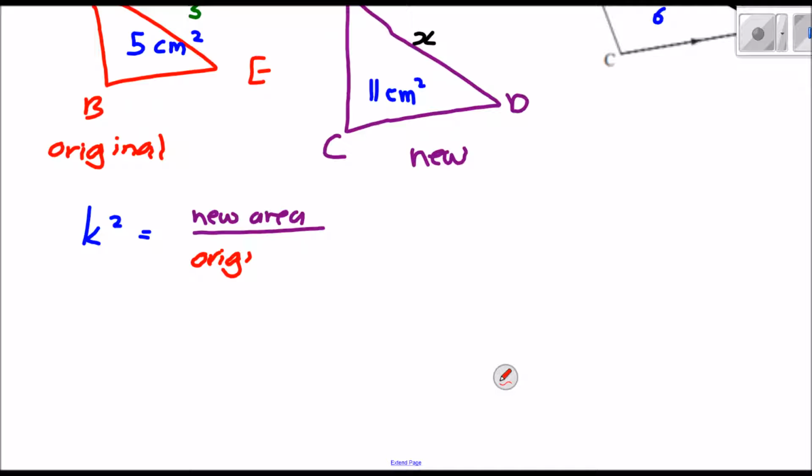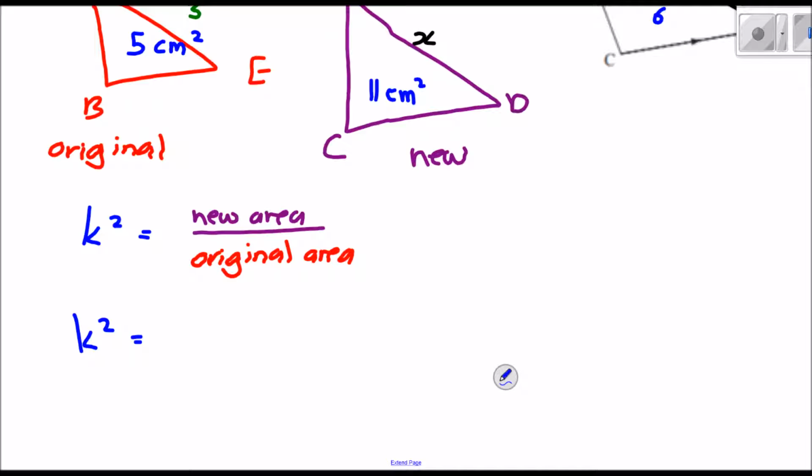Same thing for length. You're probably guessing for the next lesson, volume scale factors. Same thing, except it's just going to be k cubed equals new volume over original volume. Same kind of idea. And now we can start to plug in those numbers, as we know those two areas.